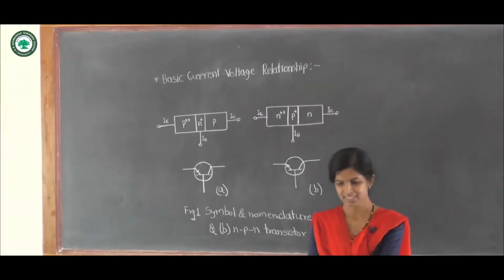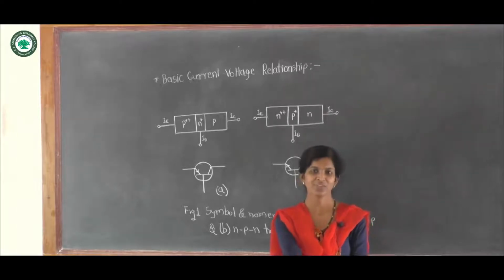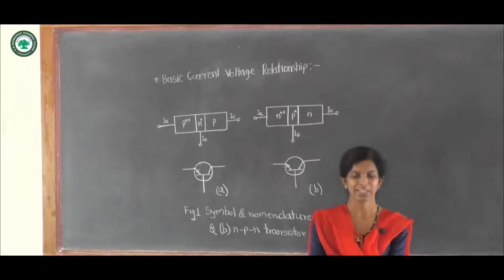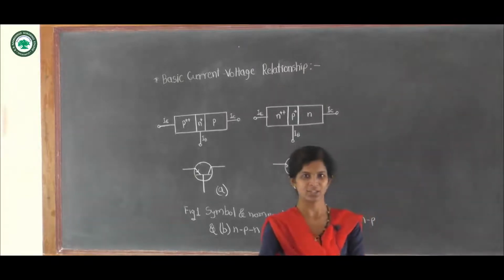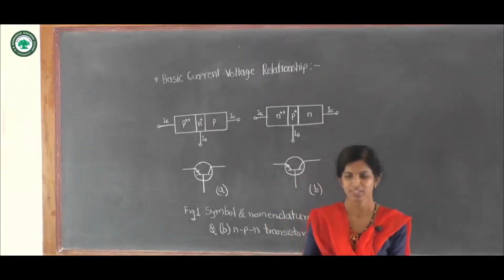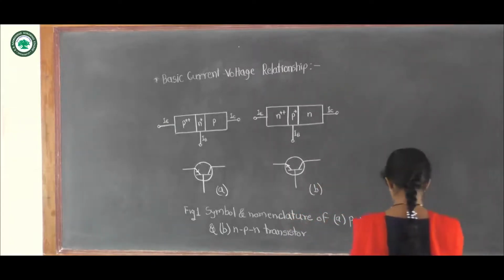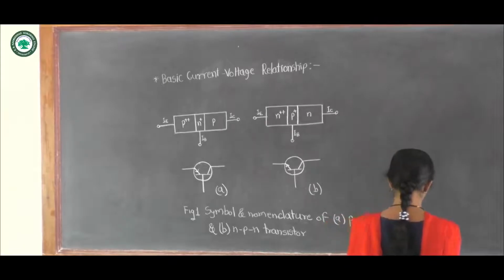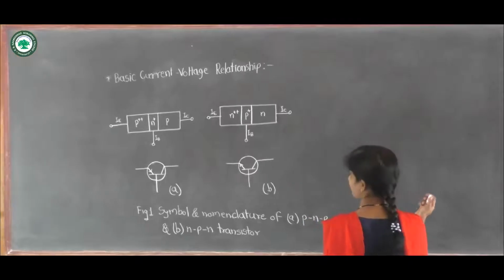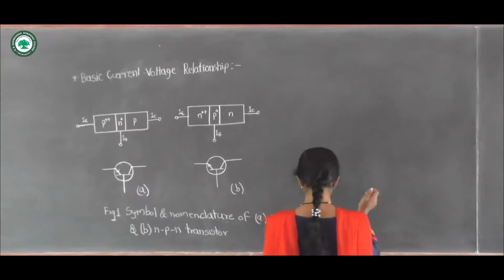The transistor can be connected in three circuit configurations depending upon which lead is common to input and output circuit. So we will see the three different configurations of the transistor. For these different configurations we will use PNP type transistor.